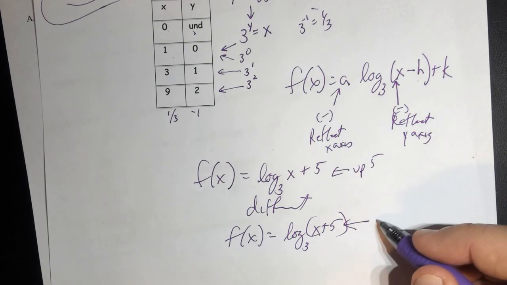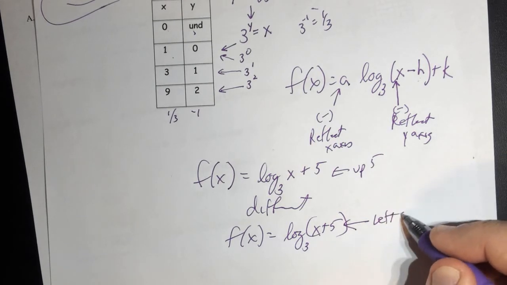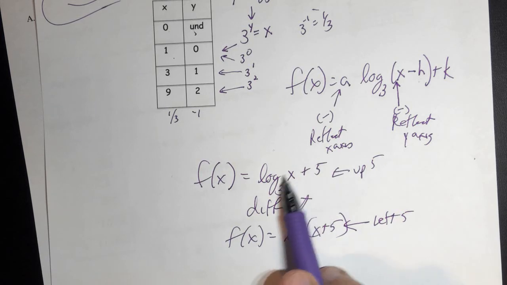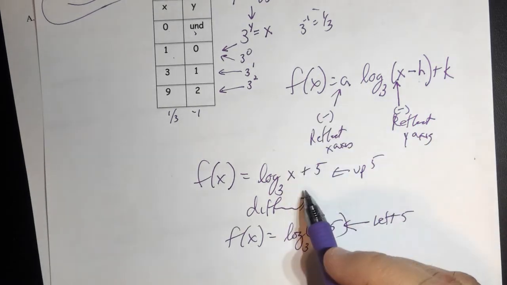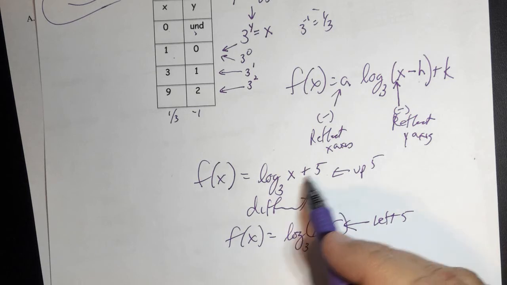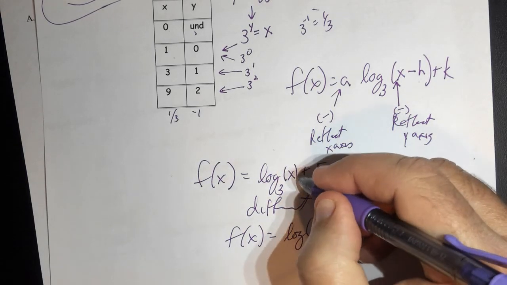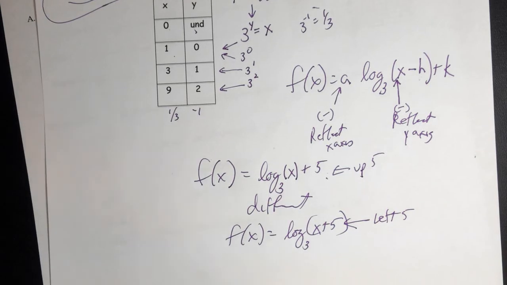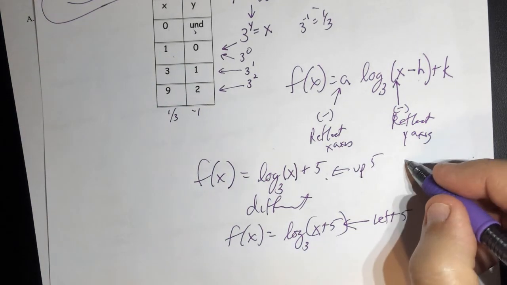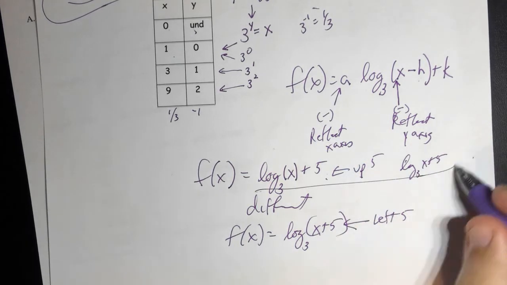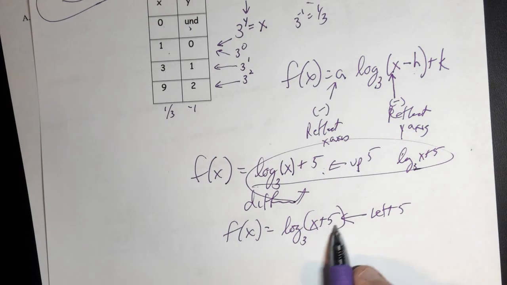This is left 5. For it to be a left-right move, you've got to have parentheses here. So if you don't see parentheses around these two, it's an up-down move, or you have parentheses there. So log base 3 of x plus 5 outside the parentheses and the up 5 are the same thing. For it to be a left-right move, it's got to be inside the parentheses.